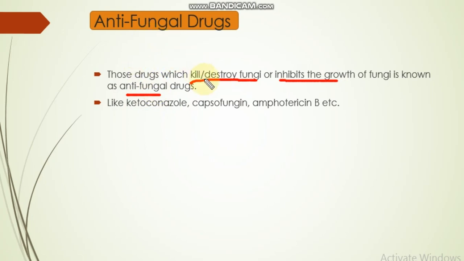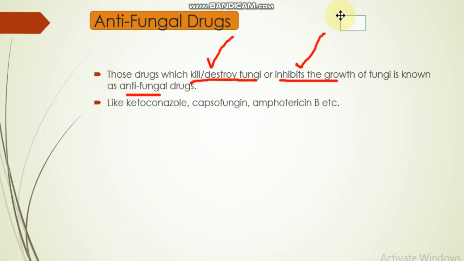Those drugs which are responsible for the destruction of fungi and for the inhibition of the growth of fungi are known as antifungal drugs. In simple words, we can say that they are drugs which have two properties.